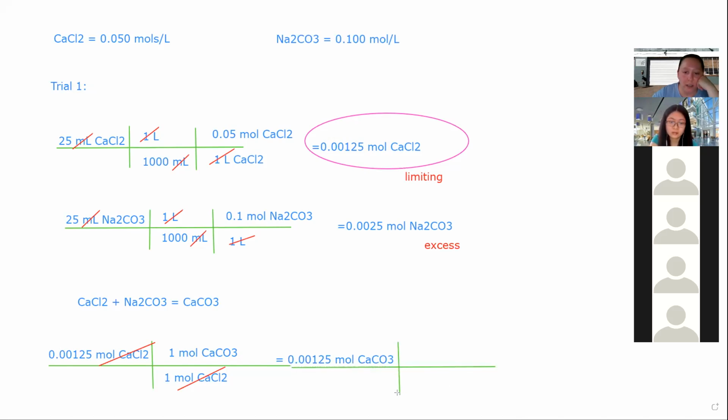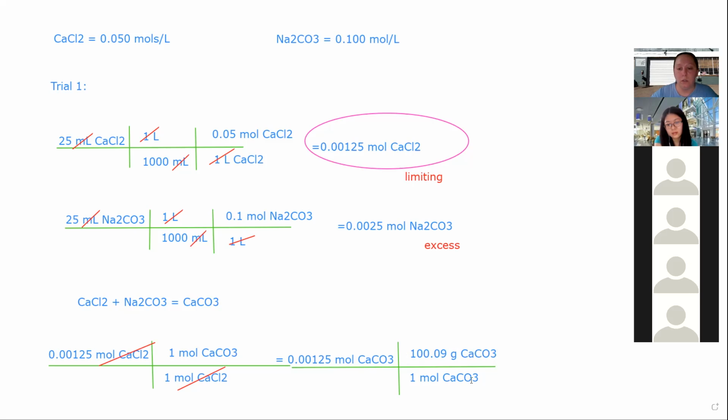We are going to do that using the molar mass, okay? So for every 1 mole of CaCO3, let's just Google that molar mass real quick. Molar mass of CaCO3. Okay, 100.09. So for every 1 mole of calcium carbonate, there's 100.09 grams of calcium carbonate.